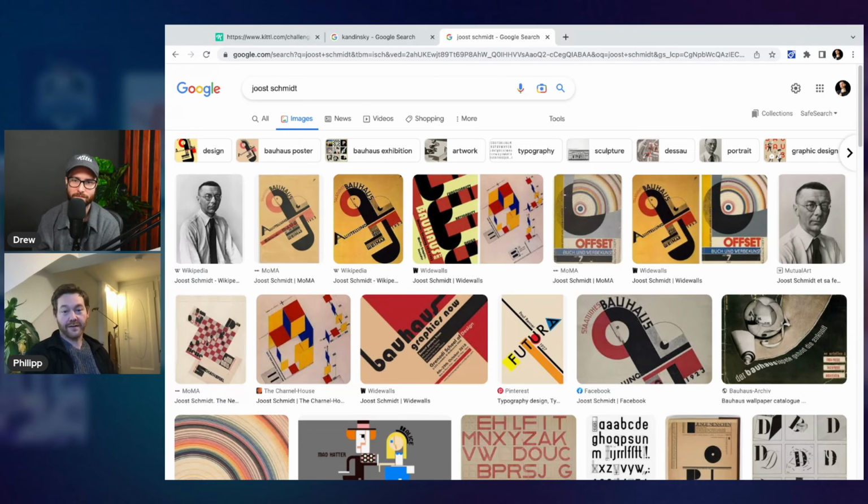Yeah, so this guy Jost Schmidt, he's really breaking the rules, but not really breaking them. Because he's still using a grid, and he has just flipped it around a specific amount of degrees, but he keeps the grid. And this is really important.